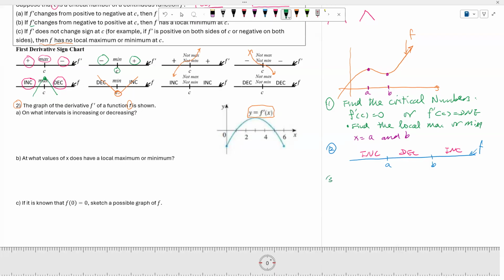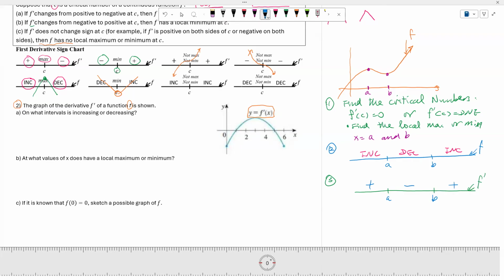Then step 3, we work with the increasing/decreasing test. We label the critical numbers a and b. If f is increasing, f prime must be positive. If f is decreasing, then f prime is negative.